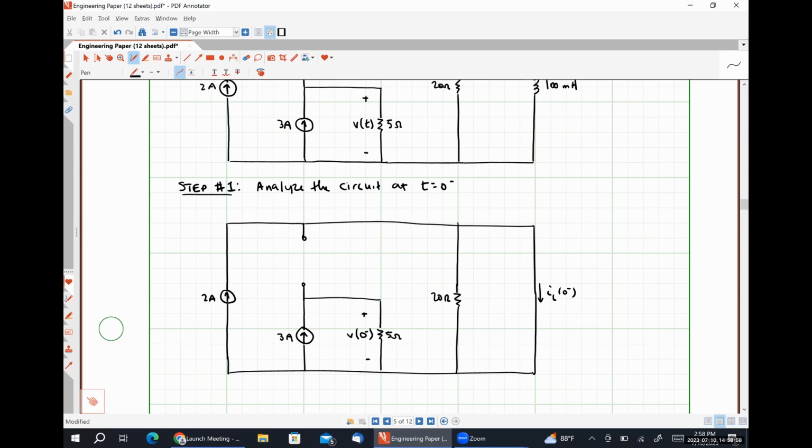So how can I determine either of those two quantities? Nodal analysis. So nodal analysis would work, but it is utter overkill for this.